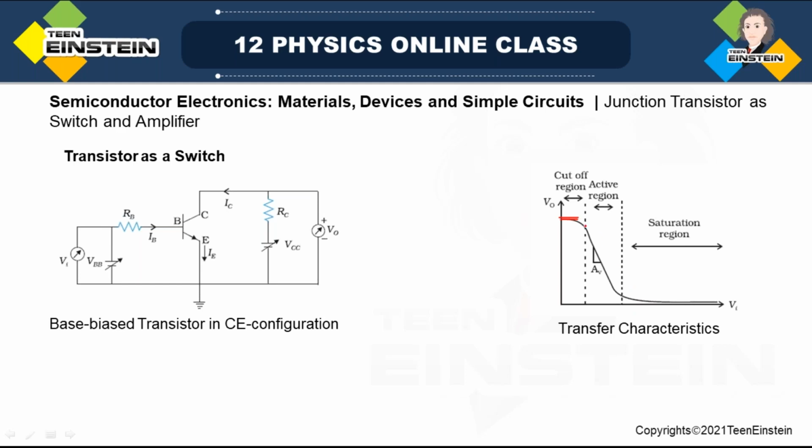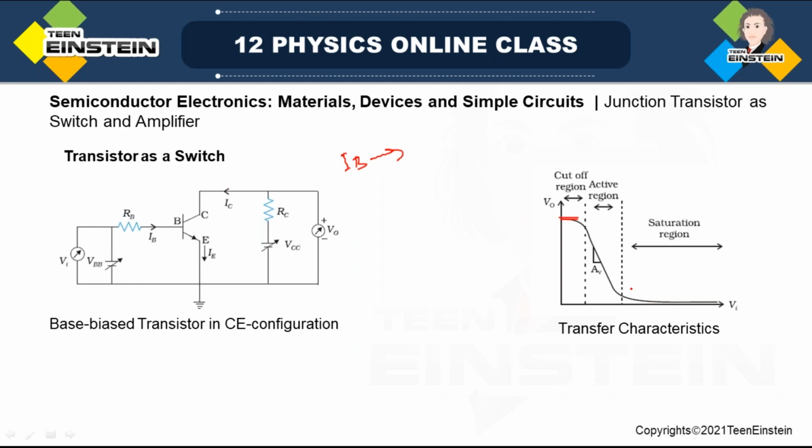Okay, so let me define this as on stage when the output is maximum, and let me define this as off stage when the output is minimum. So somehow we have to make the circuit in such a way that the input is such that it will always drive the transistor either into the cutoff region or into the saturation region.